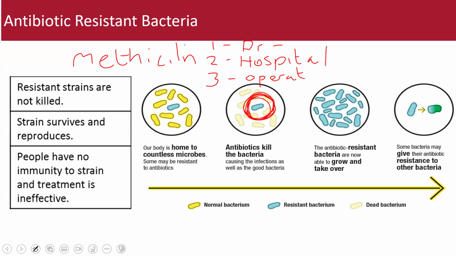It's resistant to that antibiotic. That one can then reproduce, and then you've got tens of billions of those ones that are now immune to that antibiotic. And now you can't treat it with that antibiotic.